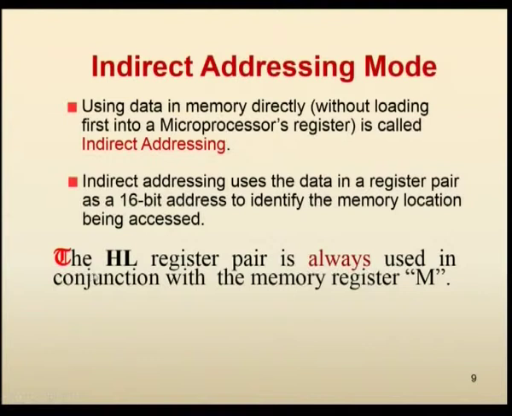We can use the HL register pair as a pointer. We can load the address into the HL register pair, and it can be made to point to any of the memory locations, 0 to 64,000.